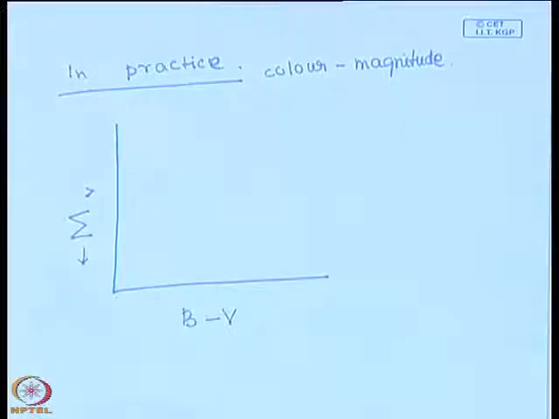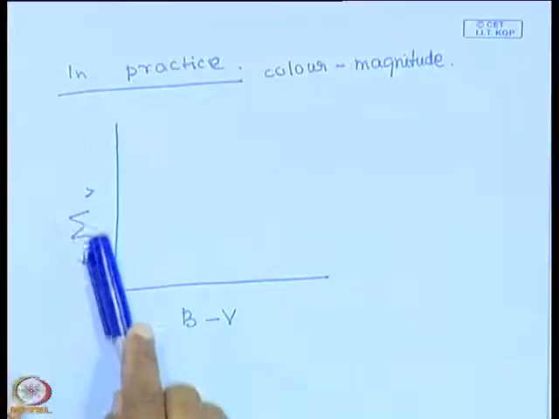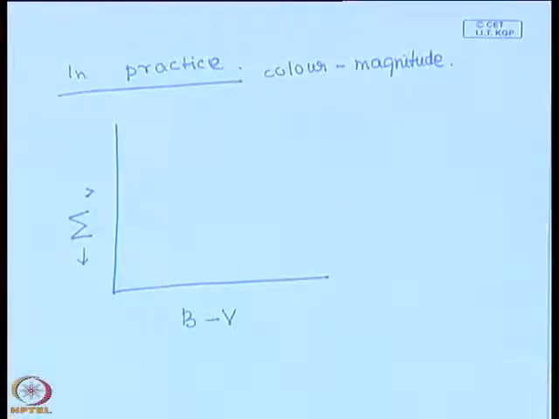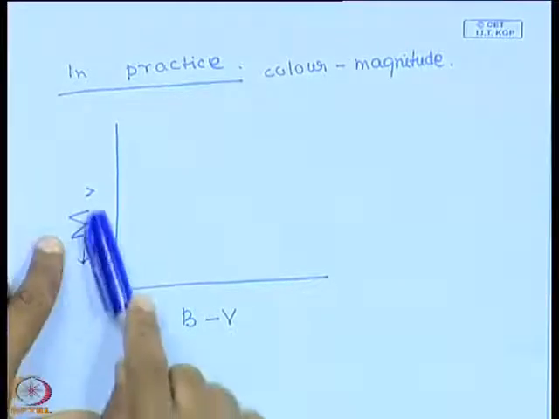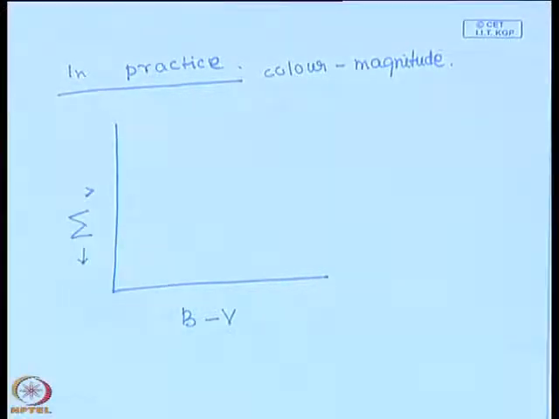Even now there are very few direct methods, but the parallaxes were measured only for very nearby stars. So, there was no way you could determine the absolute magnitudes. So you don't know what this number is for a star, you don't know the luminosity, but what you could do was you could look at stars which appear in a cluster.